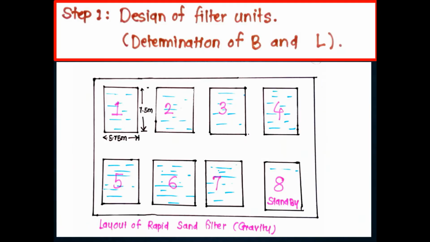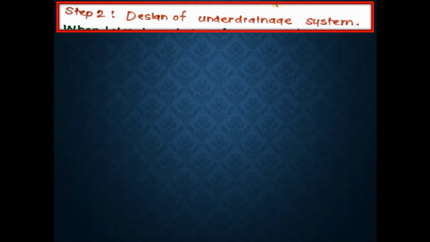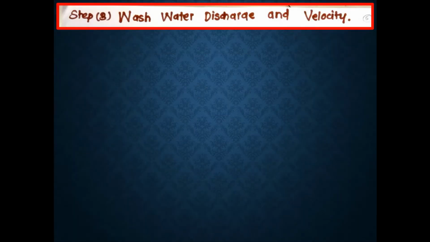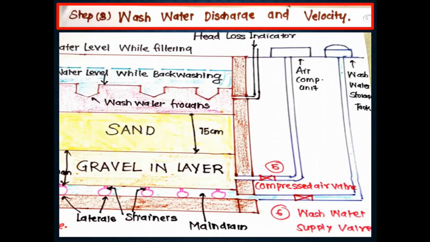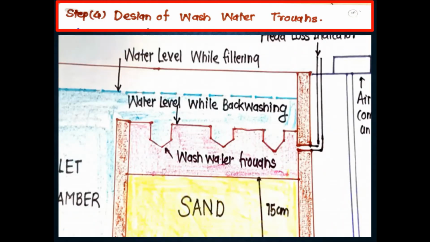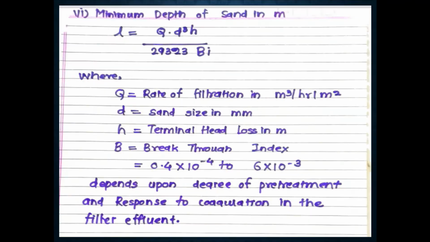Here, step number one is the design of filter units. The total steps in this example are: step number 1, design of filter units; step number 2, design of under drainage system; step number 3, wash water discharge and velocity; step number 4, design of wash water troughs; and step number 5, estimation of thickness of sand bed.